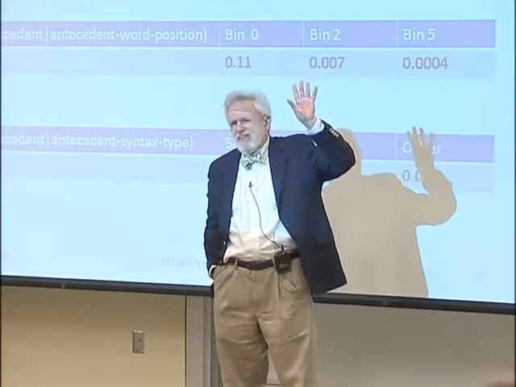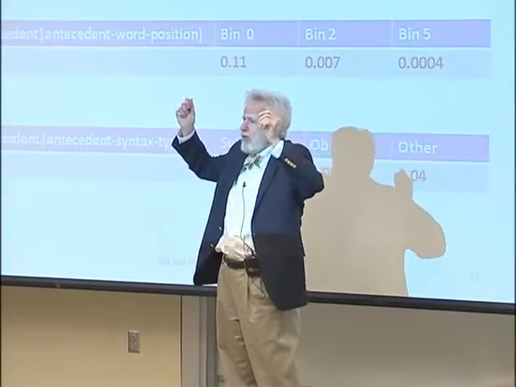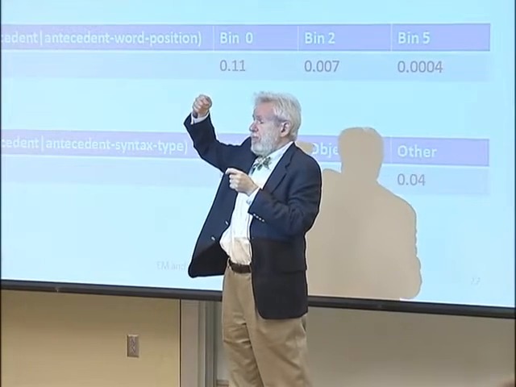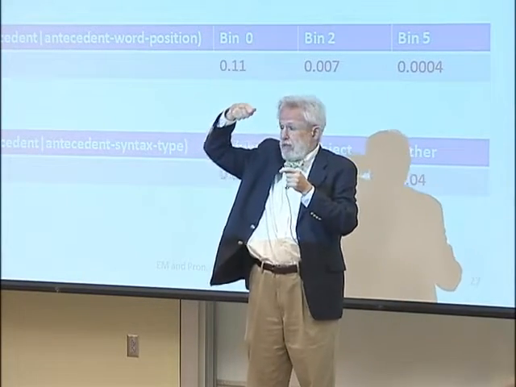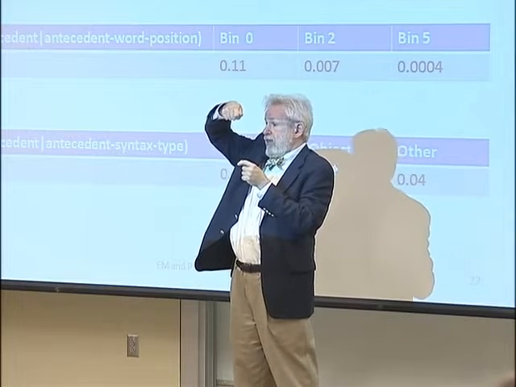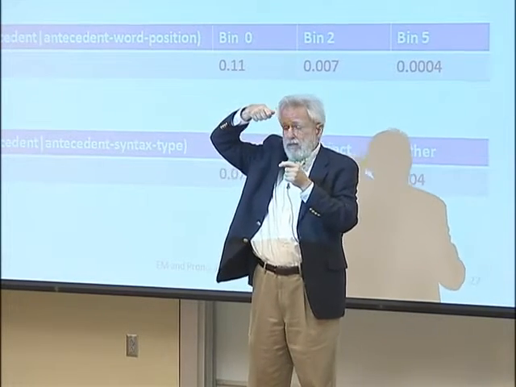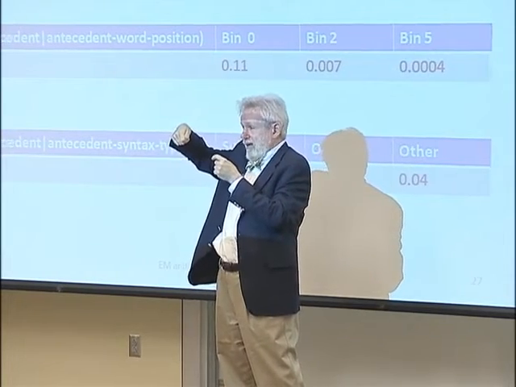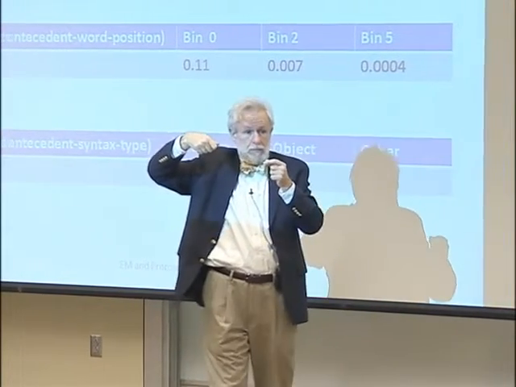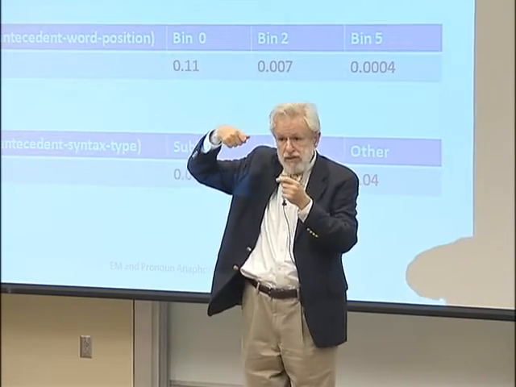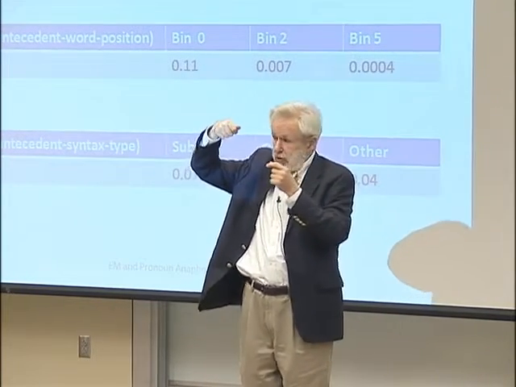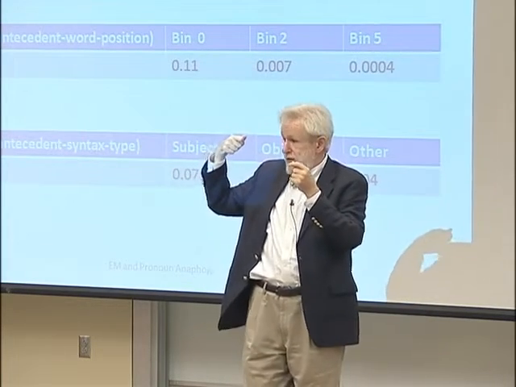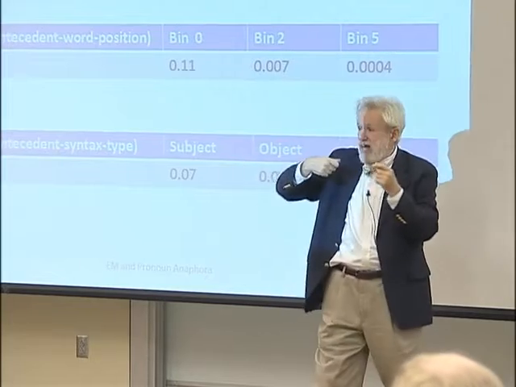But the model did have some stuff where it looked at the governor of both the pronoun and the antecedent, with the idea that if "Jack ate it," and you look at, say, pizza, the probability that its governor is "ate" is much larger than for piano. And you ought to be able to use that information.